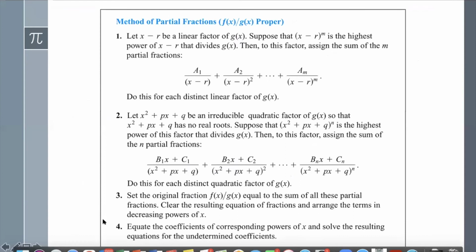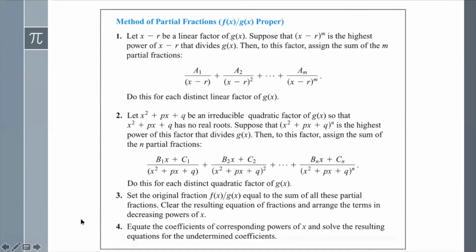Okay, so let's briefly look at numbers 3 and 4 here. You're going to set the original fraction equal to the sum of those partial fractions, and then clear the resulting equation of fractions. Actually, I am going to do this a little differently than they describe it here.